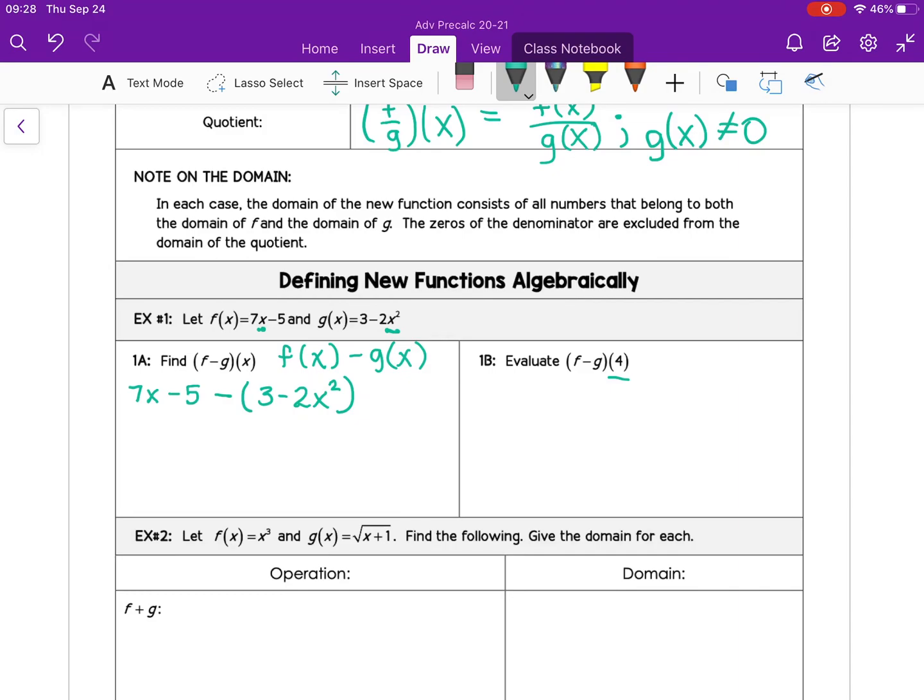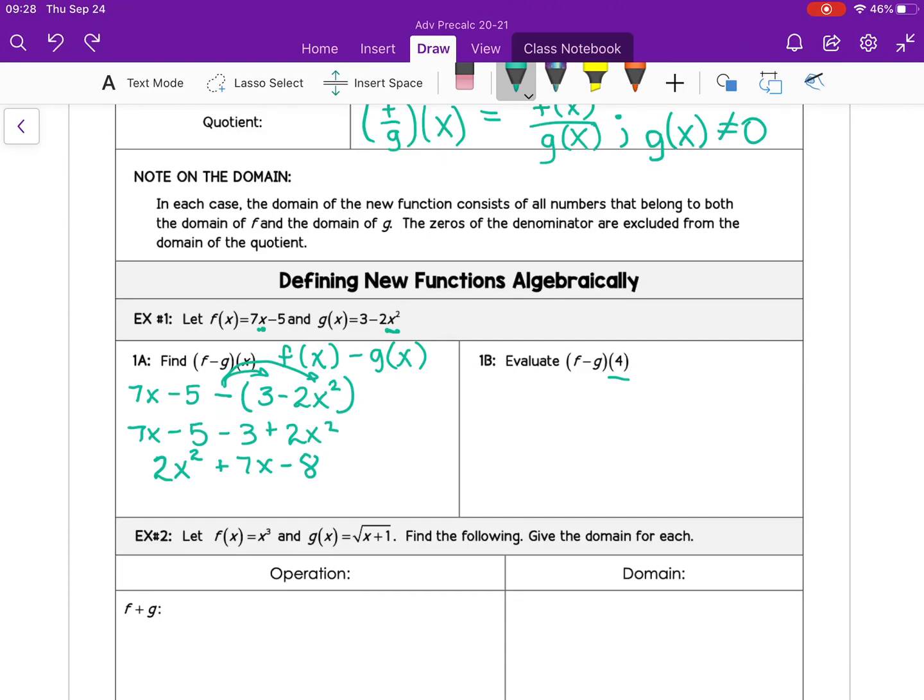Do not leave an x chilling at the end. Like, that's not what's happening here. All right, so from here, I am just simplifying, going back to some of my Algebra 1 skills. A negative times a negative is positive. Combine my like terms and write in decreasing order. And there we go. Cool.